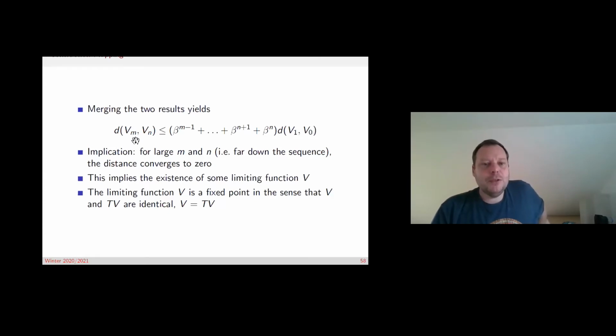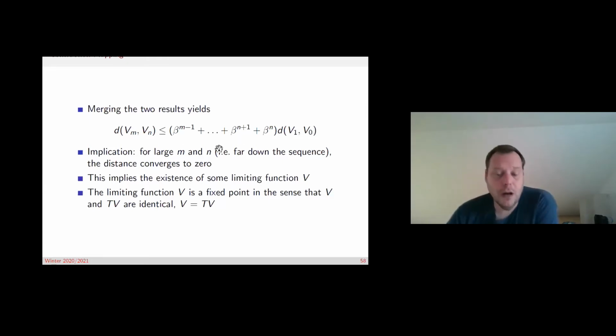Okay, so if you then use this inside, you can write the distance between any two functions m and n, so not necessarily neighboring functions, as a function of the original distance, and this is then a function of the betas.